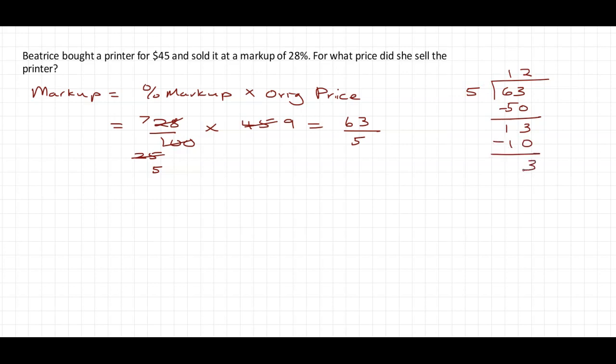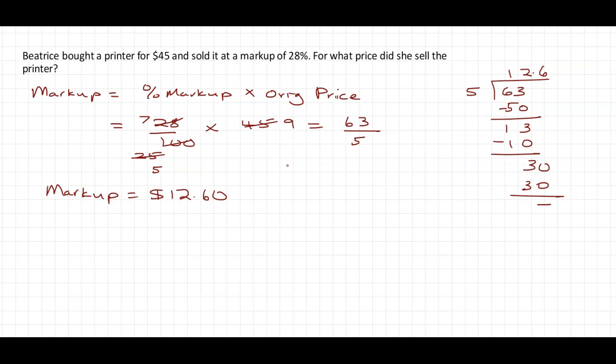Subtract, I'm left with 3. There are no groups of 5 in 3. I'm going to put a decimal here, make this a 30. 30 divided by 5, I have 6. 6 times 5, I have 30. So now the markup is going to be $12.60.